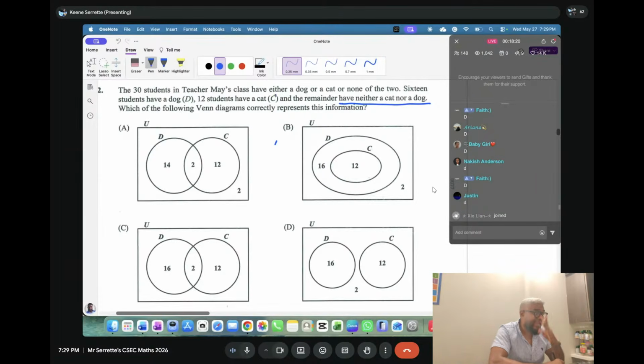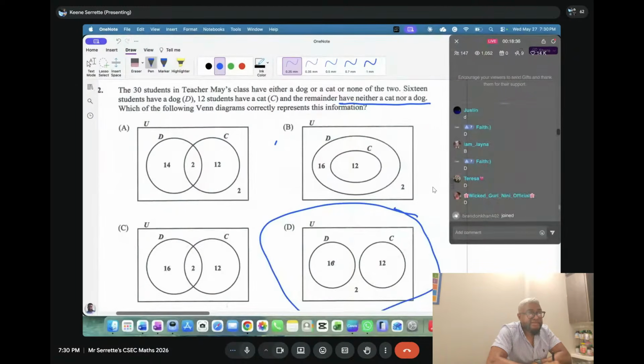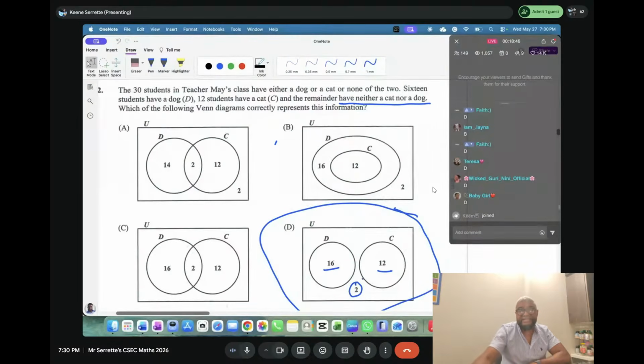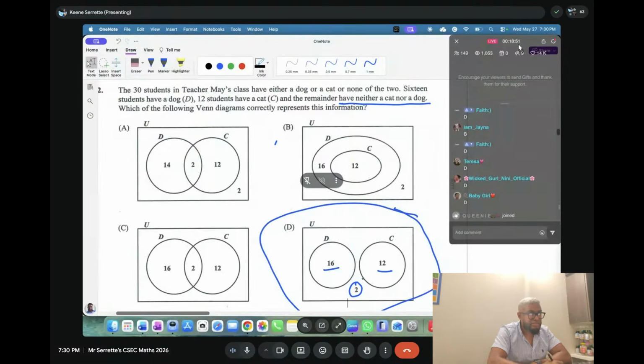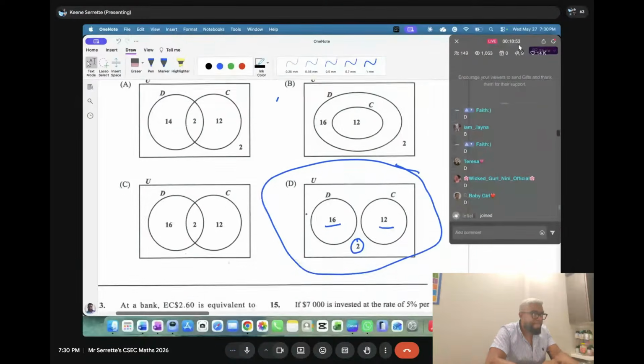This tells us that there is no intersection, and the only one here that has no intersection or overlapping is D. So D would automatically be the answer. But if you want some perspective on this answer, 16 people had a dog, 12 people had a cat, and the remainder have neither a dog nor a cat. So that means that these two must not be in any of those circles, right? Proper thing.